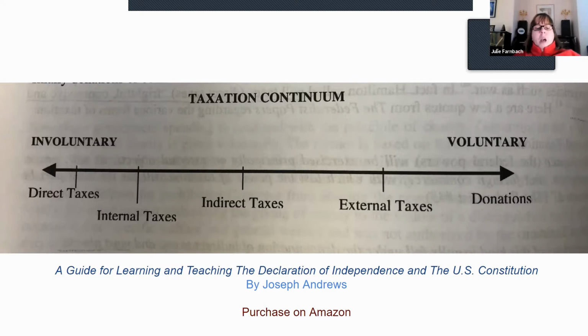Then on the far left side, we have direct taxes, and that means we are directly taxing a person or a head of household for their income, for their property, buildings, land, for the number of people in the household, the number of children. That's a direct government intrusion into one individual's wallet, and it punishes success.